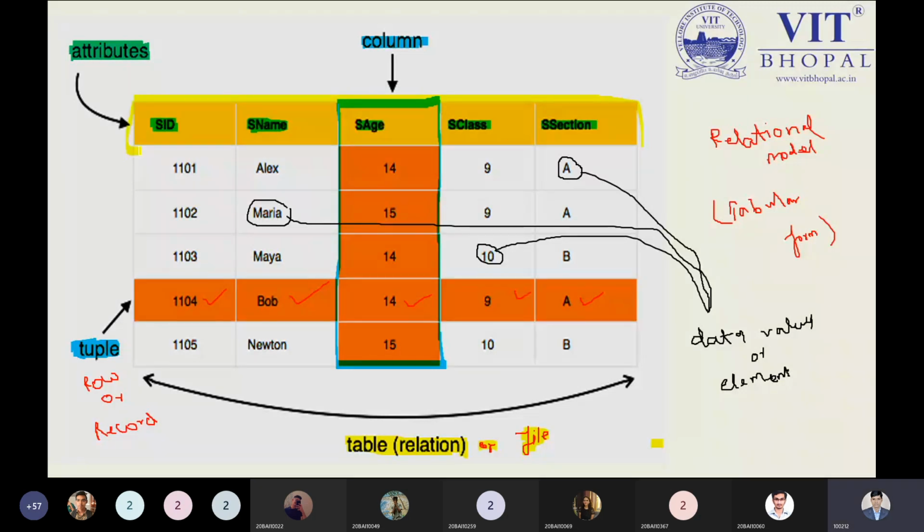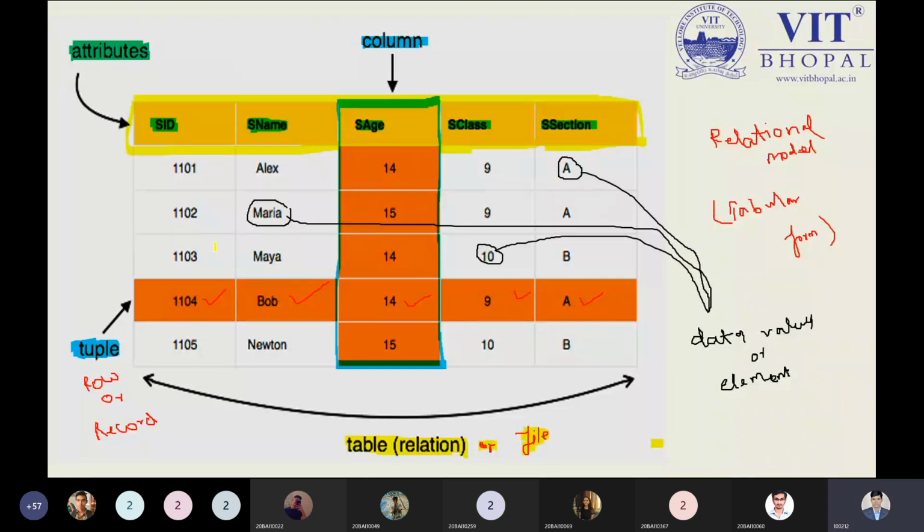All these things are known as columns. I'm speaking once again. All these are known as the columns, and all these are also known as the attributes. Student ID, student name, student age, student class, student section are known as the columns, or these are also known as the attributes.